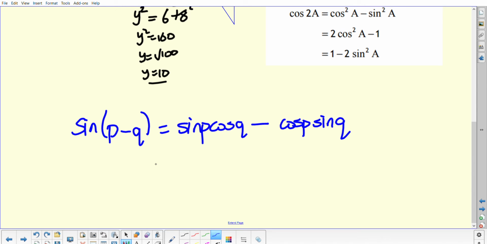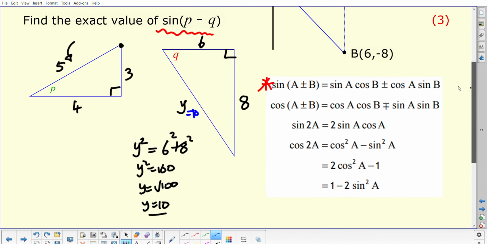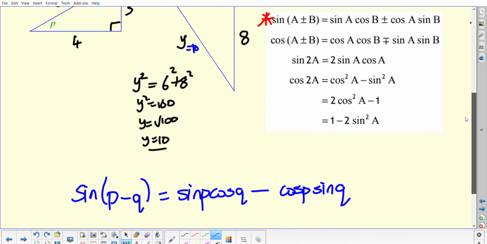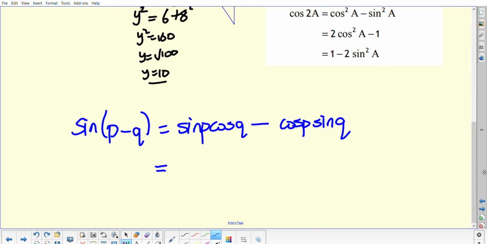And then from that, you're using each of your triangles in turn to work out your sine, cos and tan. So your 3, 4, 5 and your 6, 8, 10 triangle to do that. That would allow you to fill in your sine of p would be 3/5, your cos of q would be 6/10, and your cos of p would be 4/5, and the sine of q would be 8/10.